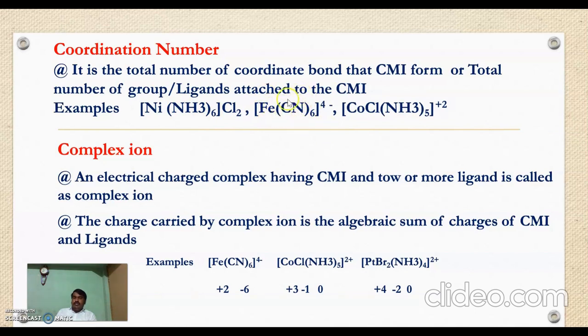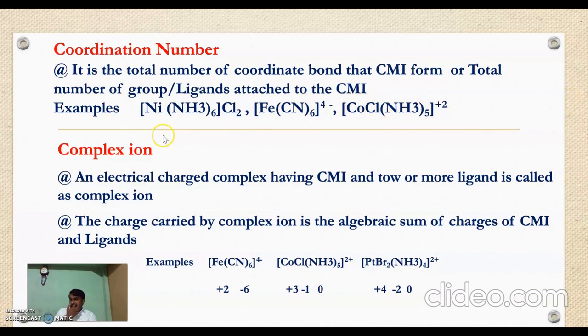Then the coordination number of this complex is 6. Here the 5 ammonia and 1 chlorine ligands are directly attached to the cobalt. Then the coordination number is equal to 5 plus 1, which is equal to 6.